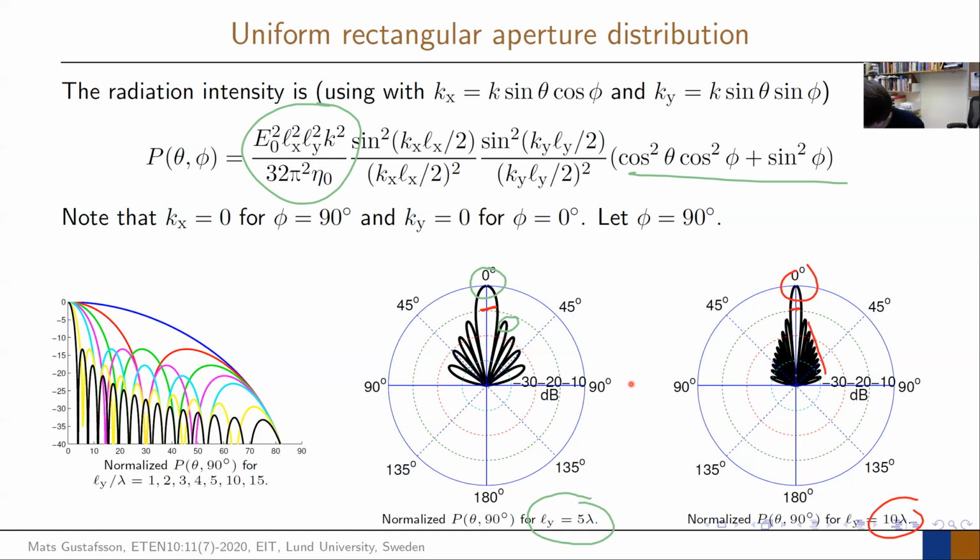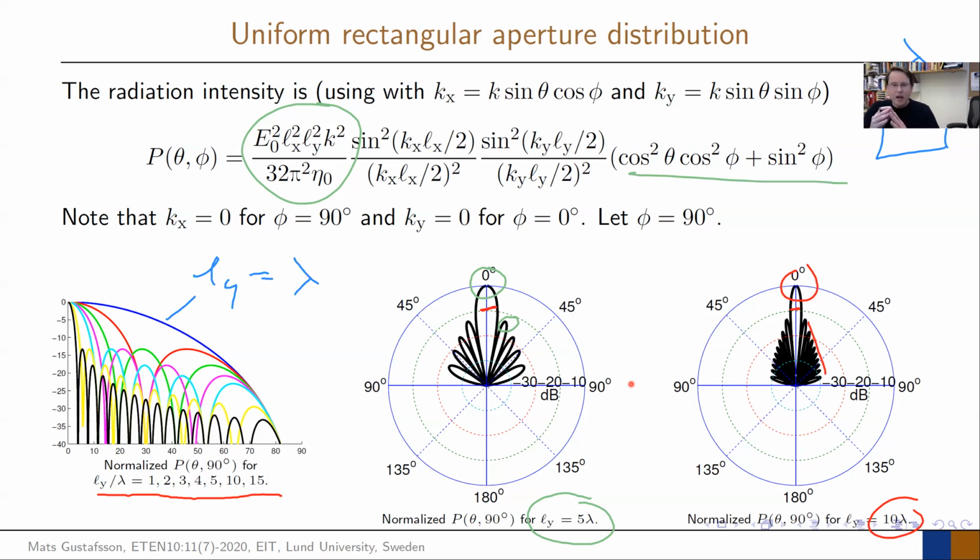And if we plot it now for many of these sizes, you can see here it starts with 1. So the blue curve that sits here, in this case, means that Ly is equal to lambda. So your total aperture, the aperture where you had your radiation, was 1 lambda.